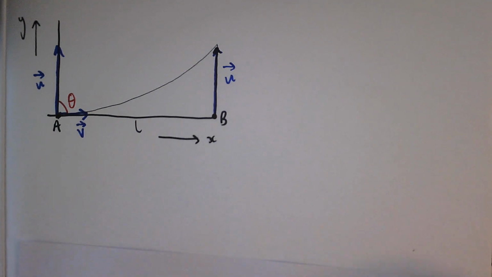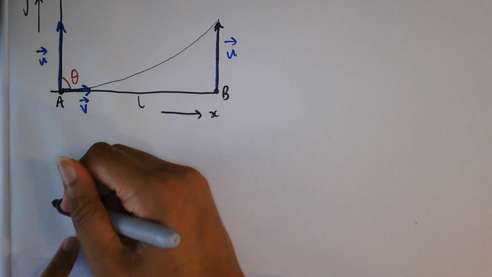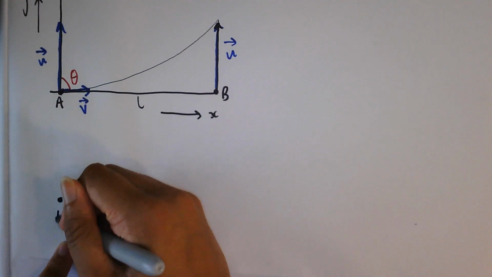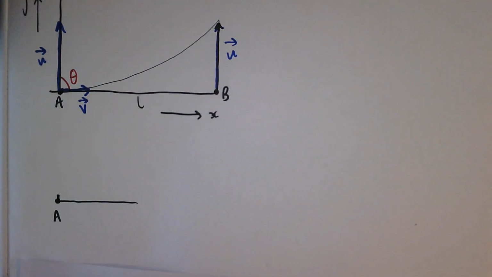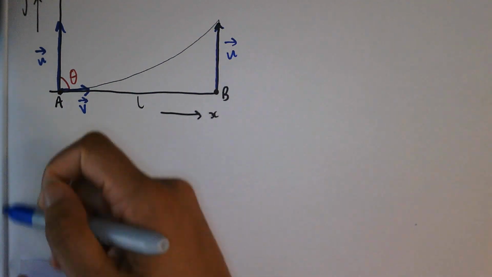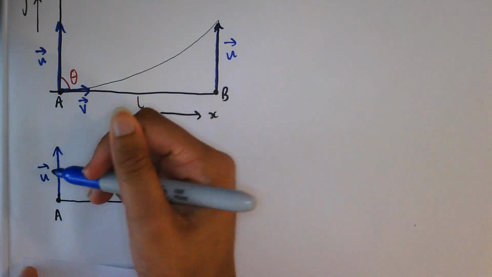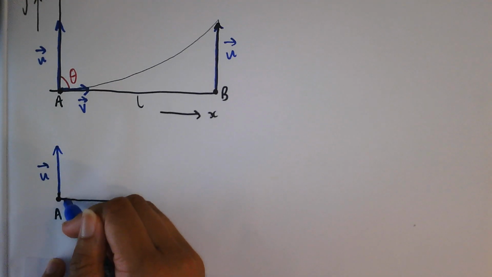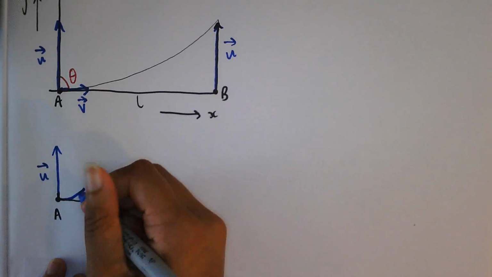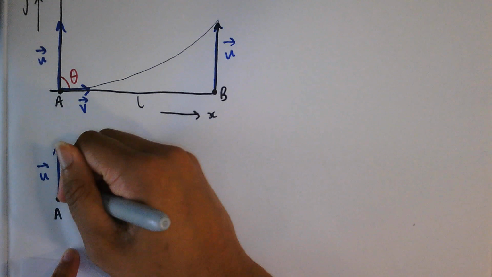So I can draw a diagram to show how we can do that. Again, here we have point A and we have the vector u, and vector v is going to be like that, and the angle theta in between them is still there.